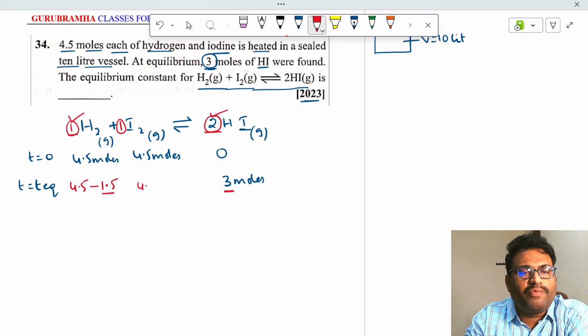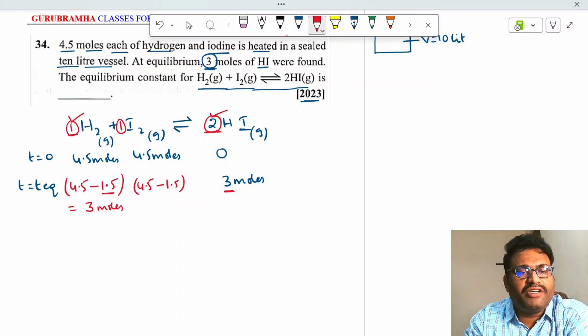That means 4.5 minus 1.5 gives you 3 moles remaining. Here also, 4.5 minus 1.5 gives you 3 moles. So the number of moles of hydrogen at equilibrium is 3 moles, iodine at equilibrium is 3 moles, and HI at equilibrium is 3 moles.